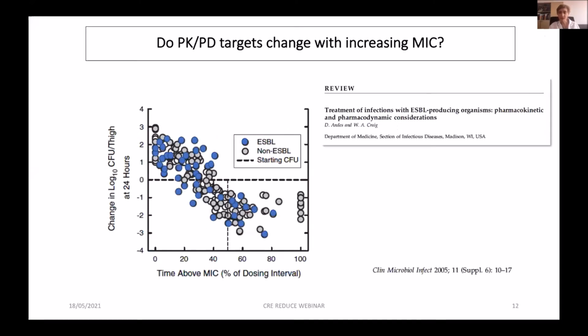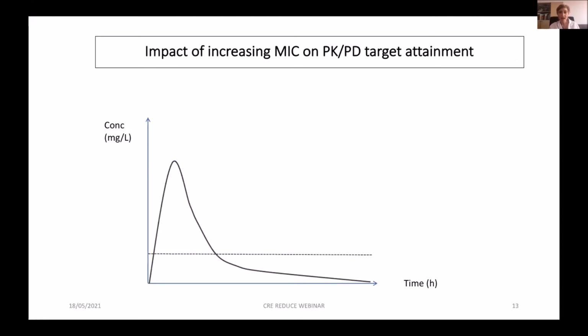So MIC is a determinant of PK/PD targets, but do the PK/PD targets change when we are treating pathogens with increasing MICs? In this pre-clinical infection model, looking at ESBL and non-ESBL strains, you can see here that the relationship was not modified for ESBL microorganisms with higher MICs. So the relationship is the same, but of course, higher MIC will be more challenging to target and to achieve the PK/PD target.